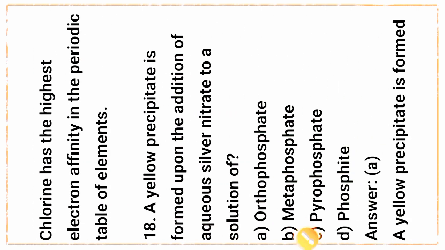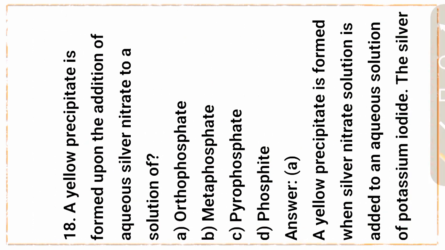Question number 18. A yellow precipitate is formed upon the addition of aqueous silver nitrate to a solution of option A, orthophosphate.